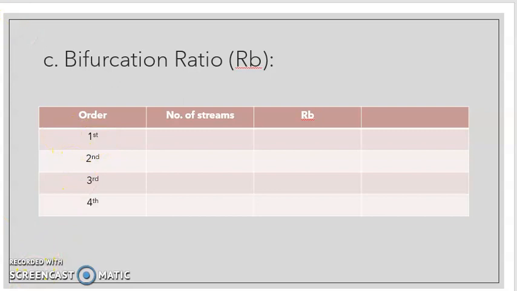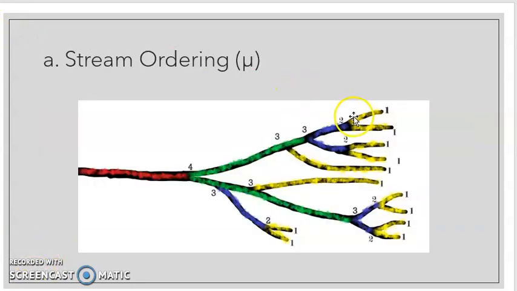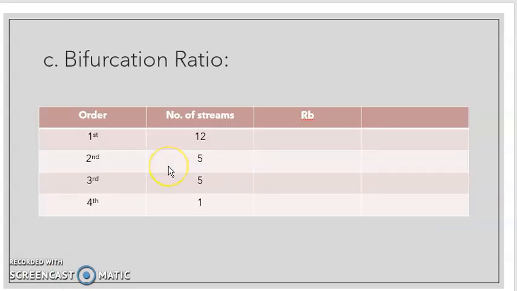So let me show you. The total number of first order streams are 1, 2, 3, 4, 5, 6, 7, 8, 9, 10, 11, 12. So we can do a similar thing with the other streams also. And the values we get is 12, 5, 5 and 1.